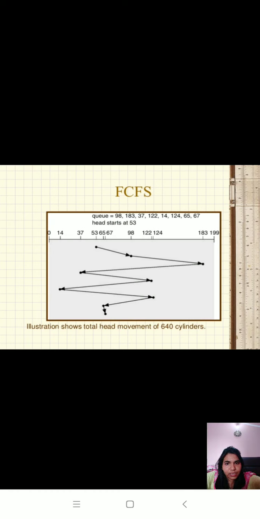After that 183 minus 37, after that 122 minus 37, 122 minus 14, and 124 minus 14, and 124 minus 65, and then you have to find out the difference between 67 and 65, right? And then sum up all these numbers, then we will get the value 640.